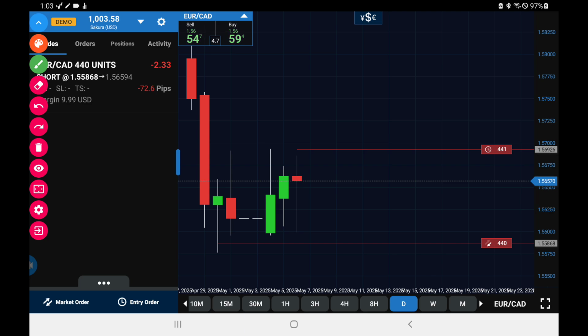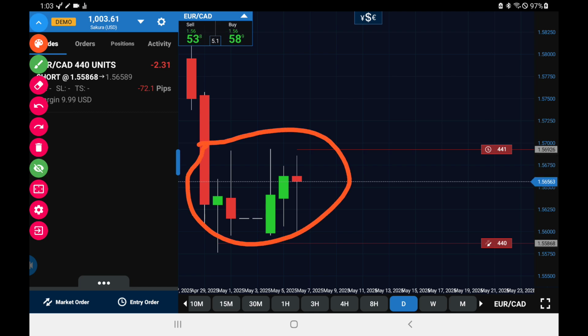But that brings up something that is very prevalent on YouTube. As we look at this chart and we see very little activity, we can clearly see that one of the biggest misconceptions, or more accurately, misrepresentations of YouTube, is that trading is exciting.